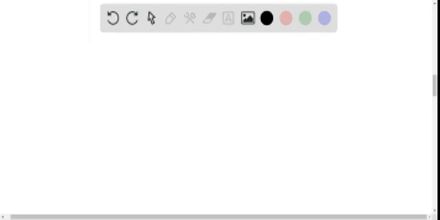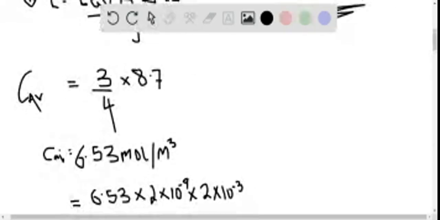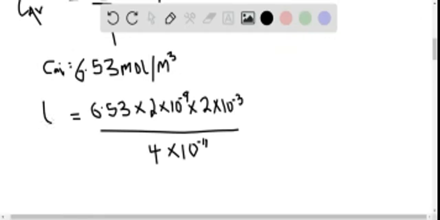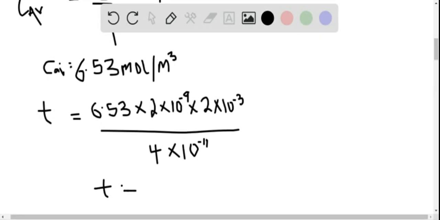By punching all this into our calculator, t is equal to 0.57, but rounding up we have 0.6 seconds.